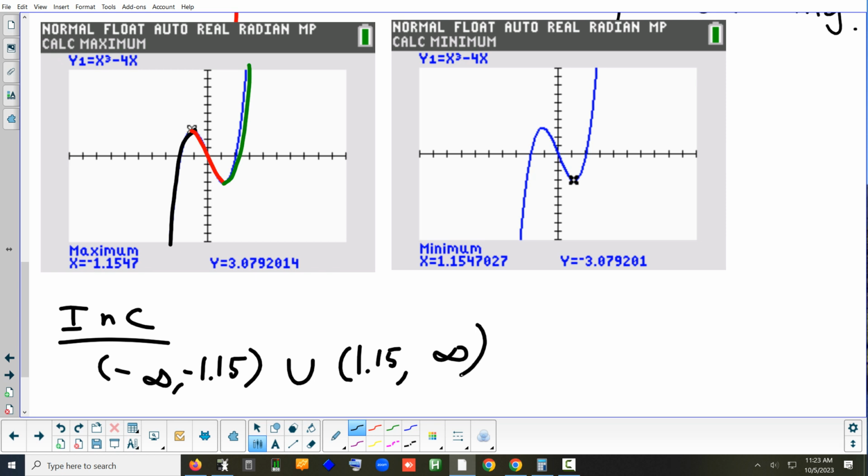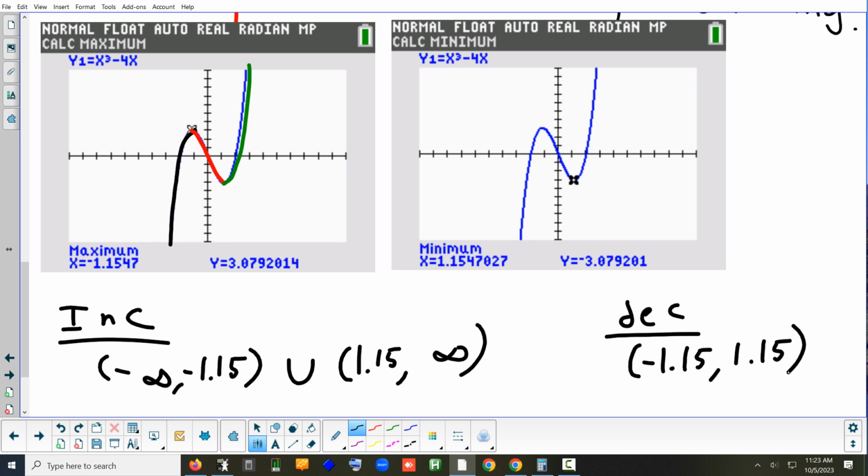Okay, so that's the 2 intervals where you're increasing. Now, tell me where you'd be decreasing. Negative 1.15 and then positive 1.15. Yep. Any number between negative 1.15 and positive 1.15 will land you in the red section, and that's decreasing.